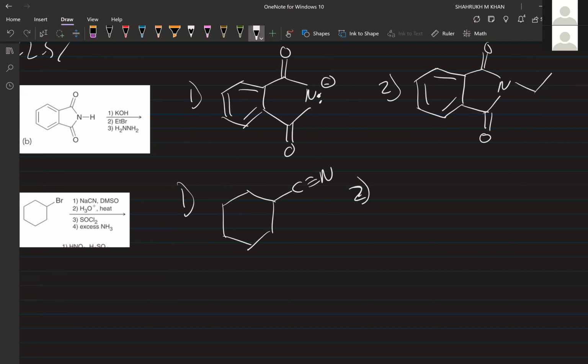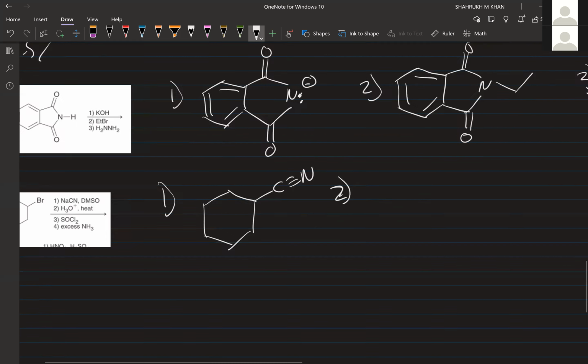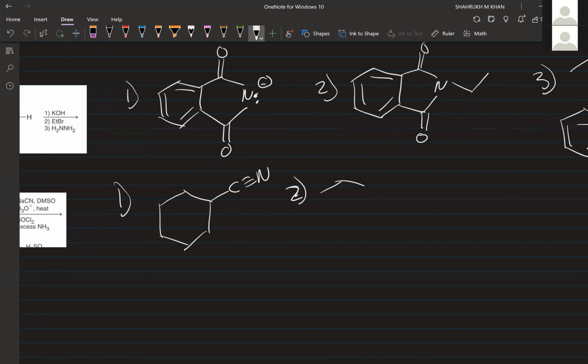So it turns a nitrile into what functional group? Carboxylic acid, right? So let's keep moving forward. So that carbon here is now the carbon in the carboxylic acid, so we still have the same amount of carbons.